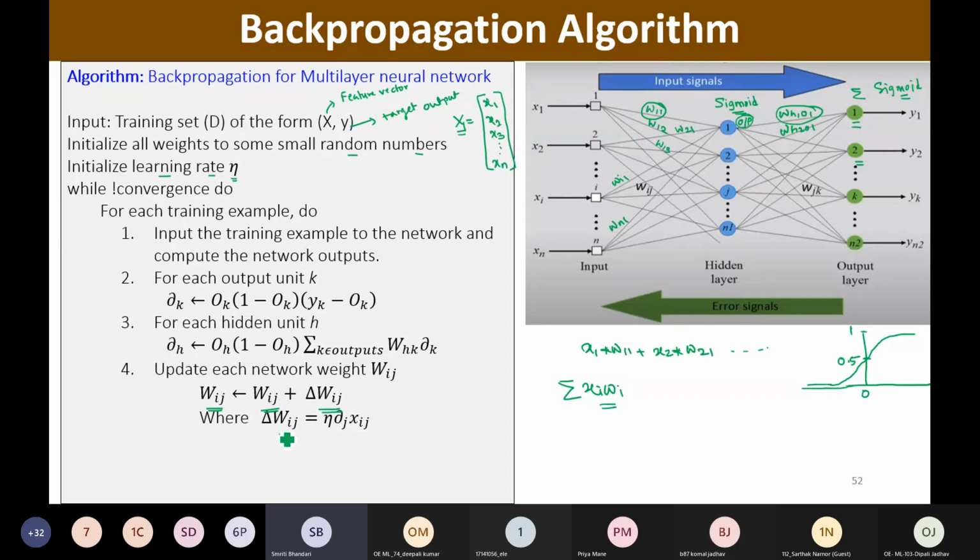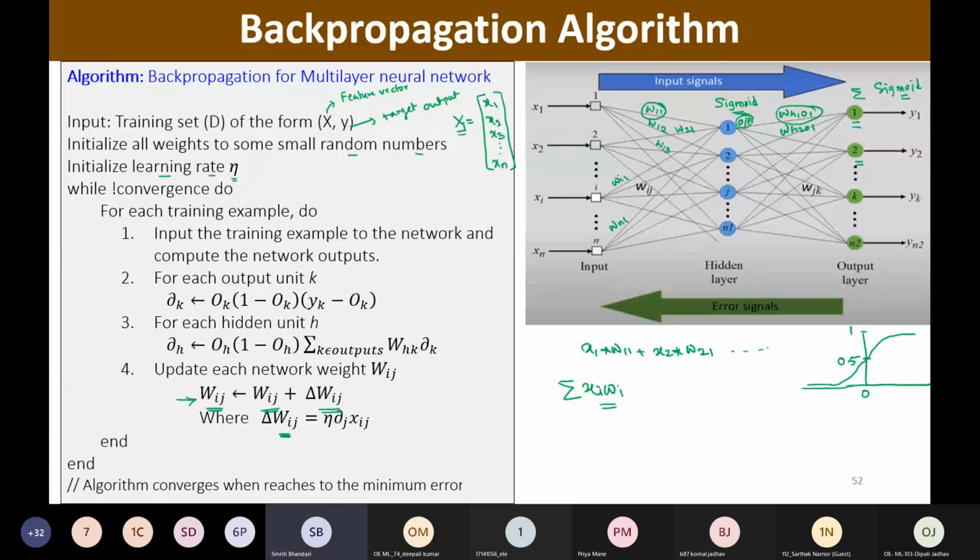This small change is applied to the old weight, and I come up with the new weight. Now this process is repeated for each training example, and we iterate until we get the minimum error. Convergence means we are iterating till it reaches the minimum error.